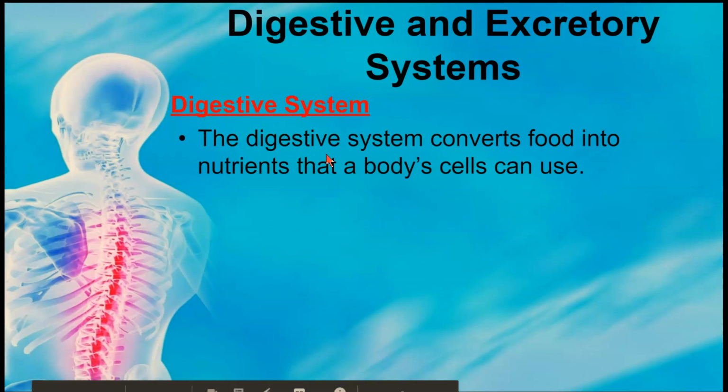So the digestive system functions to convert the food into nutrients that a body's cell can use. So we eat foods, we eat pizza, we eat scrambled eggs, we eat steak, whatever it is, we eat Twinkies. We don't need Twinkie anywhere on our body. We don't need egg anywhere on our body.